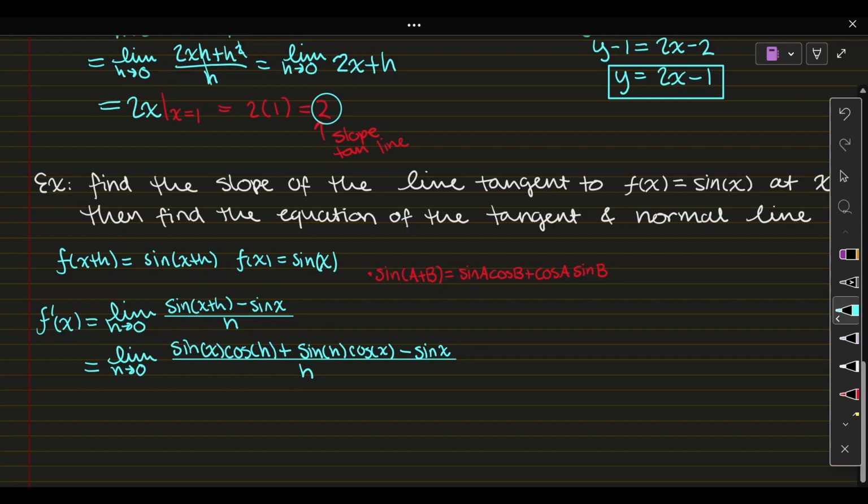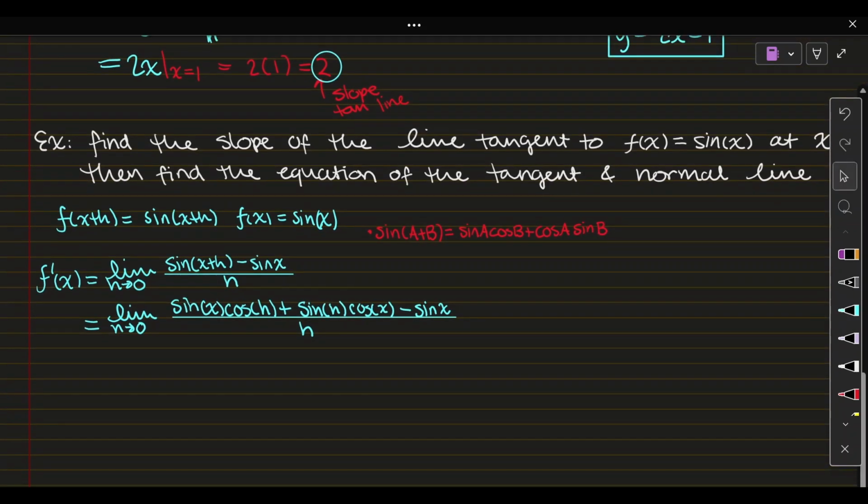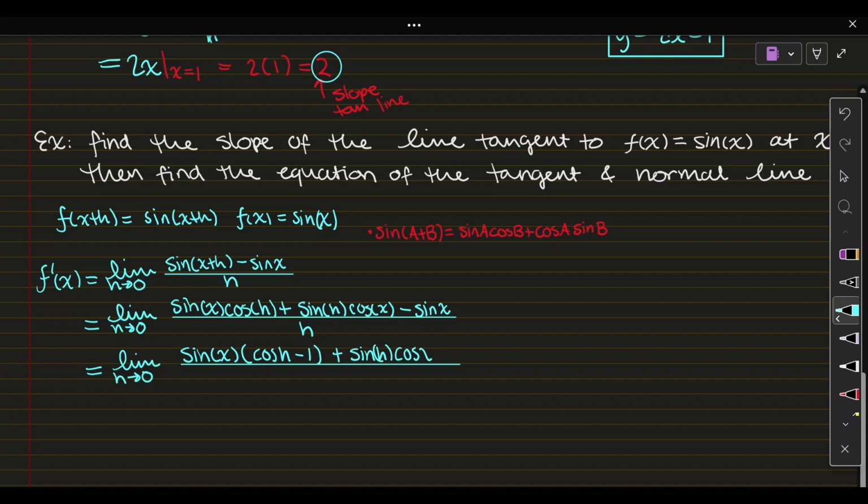h. Okay, now we're going to do a little bit of factoring here. So we're going to split this up as the limit as h goes to 0 of, I can factor out a sine x from here and here, and I will have sine x times cosine h minus 1, plus sine h cosine x over h.